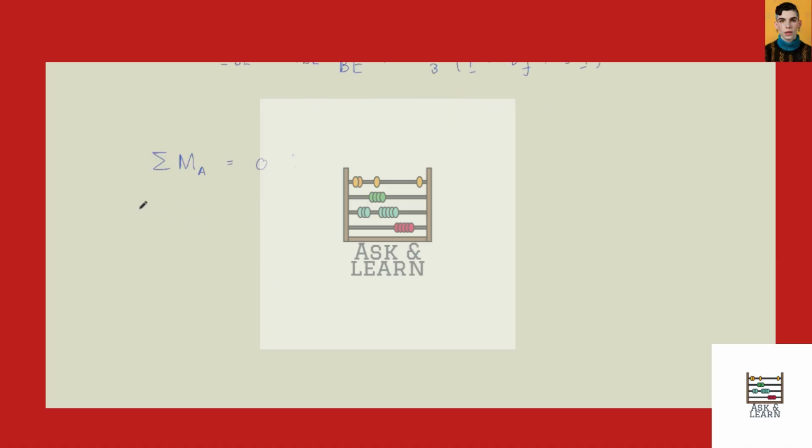So the sum of the moments about point A is RB crossed with TBD, plus the vector RB crossed with tension TBE, plus RC crossed with vector P, and this must equal to 0.